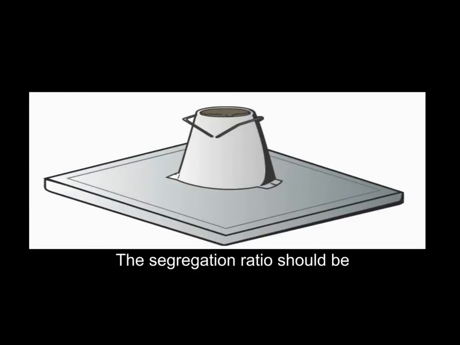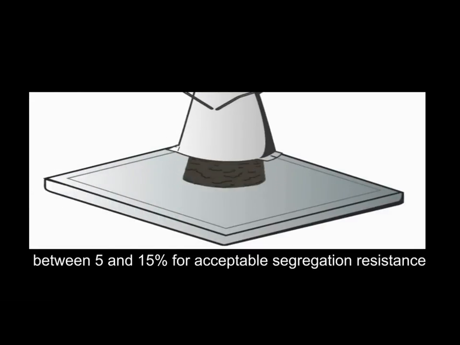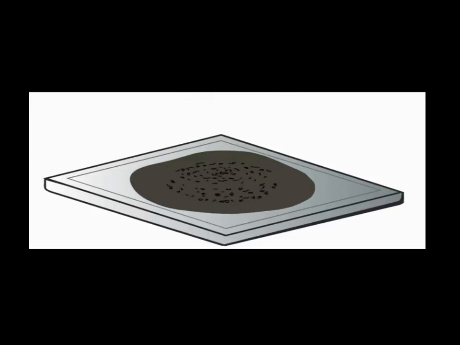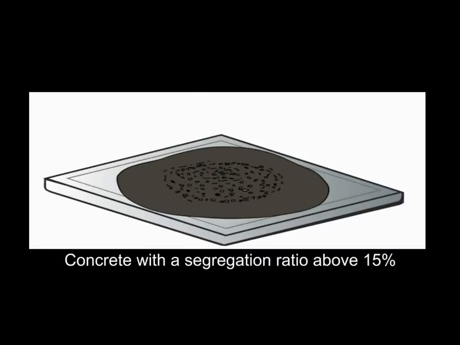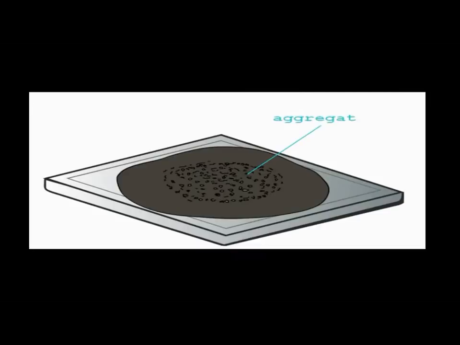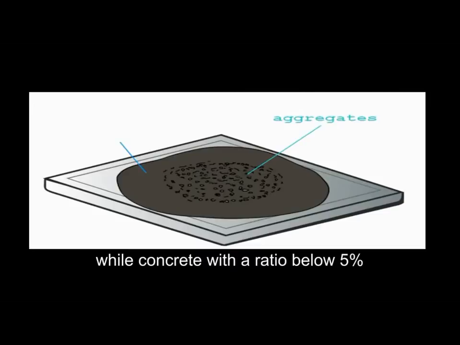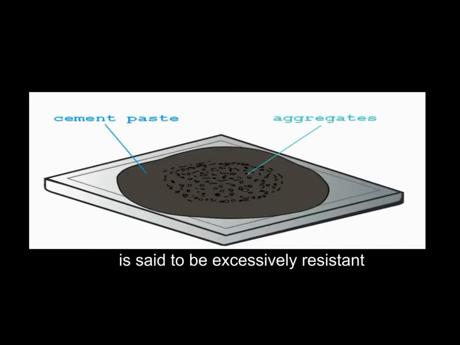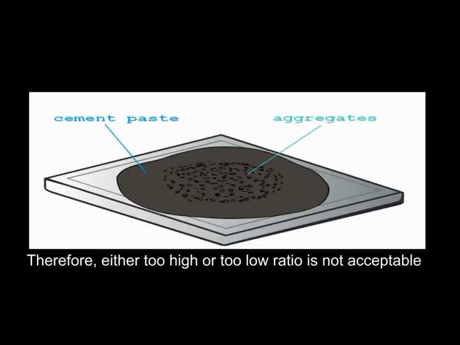The segregation ratio should be between 5 and 15% for acceptable segregation resistance. Concrete with a segregation ratio above 15% would exhibit too much segregation, while concrete with a ratio below 5% is said to be excessively resistant. Therefore, either too high or too low a ratio is not acceptable.